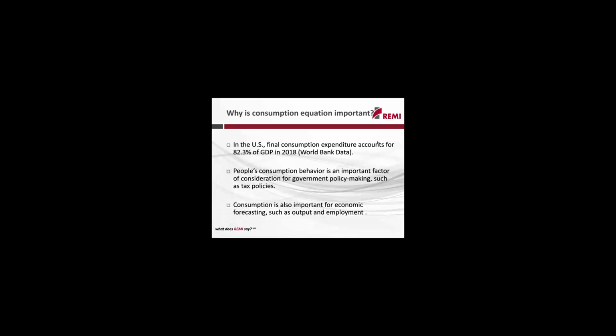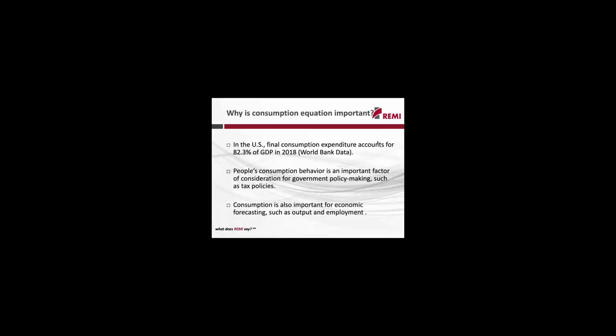First, according to World Bank data in the US, final consumption expenditure accounts for 82.3% of the GDP in 2018. So consumption is a very big component of GDP. Second, people's consumption behavior is an important factor of consideration for government policy making, such as tax policies. For example, some governments may want to raise the cigarette tax because that's very good for public health.